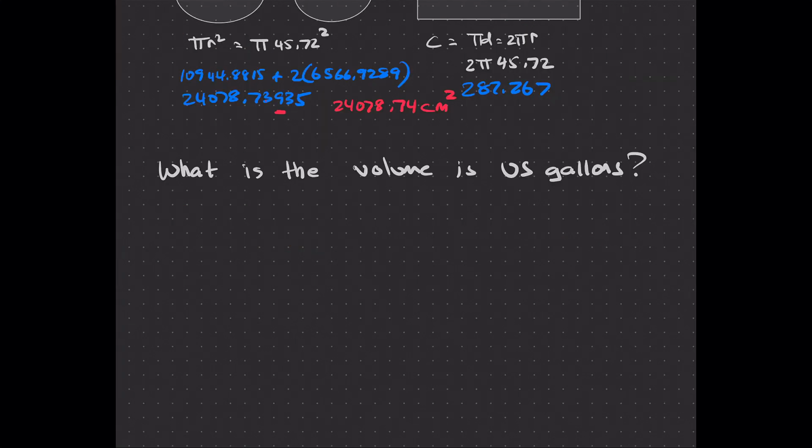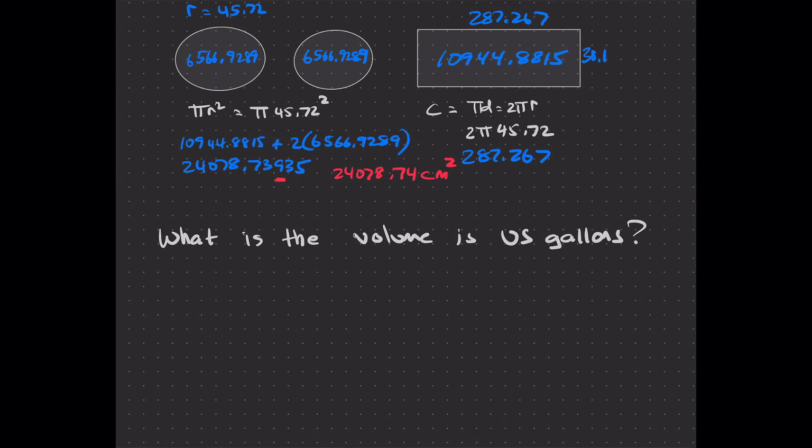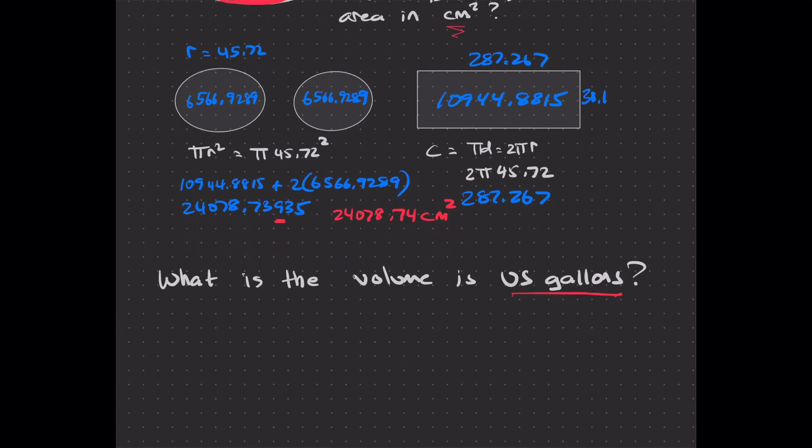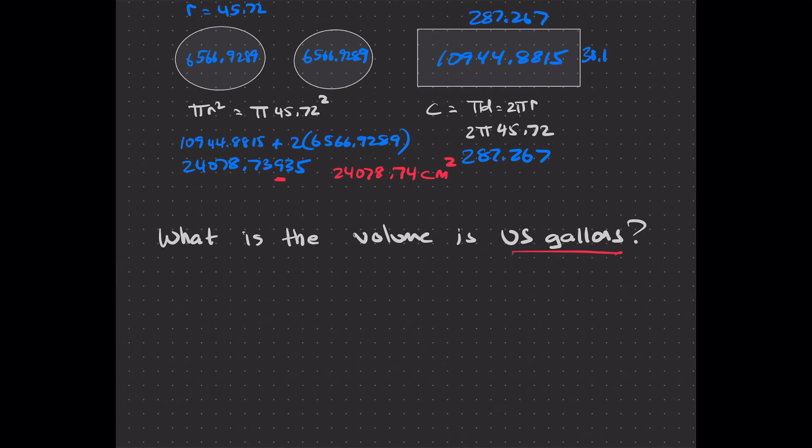Okay, so let's take a look at the last part of this question, which is saying calculate the volume and put it into US gallons. So remember again, that basically what we want to do is take the base of this and multiply that by the height.